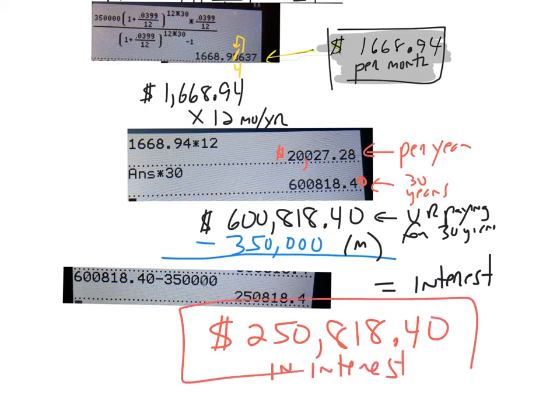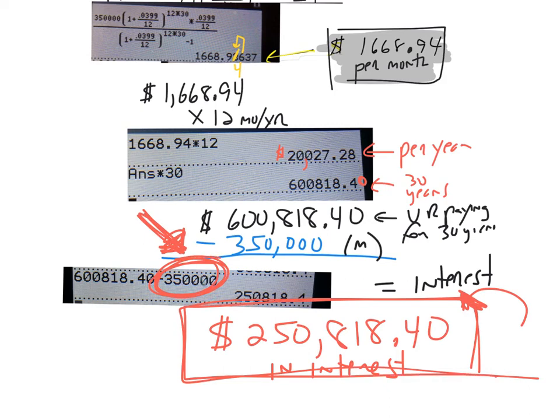So for the right to borrow $350,000, you're paying the bank back the $350,000 that you borrowed, plus an additional over $250,000. So this is how much extra you have to pay the bank back in order to get that $350,000 loan.